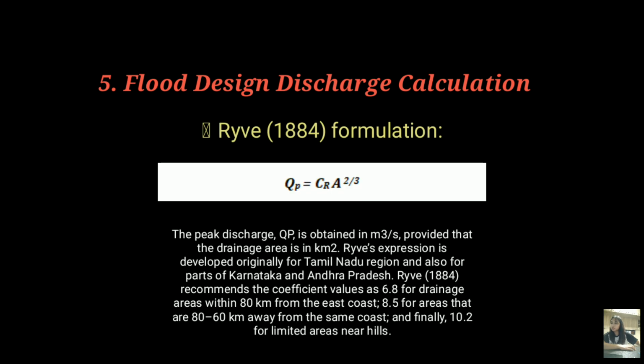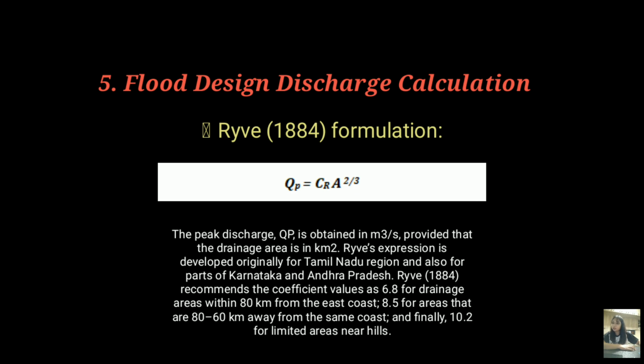And the second one is the Ryve formulation from 1884, which is QP is equal to CR A to the power of 2/3. The peak discharge QP is obtained in cubic meters per second, provided that the drainage area is in square kilometers. Ryve's expression was developed originally for the Tamil Nadu region and also for parts of Karnataka and Andhra Pradesh.